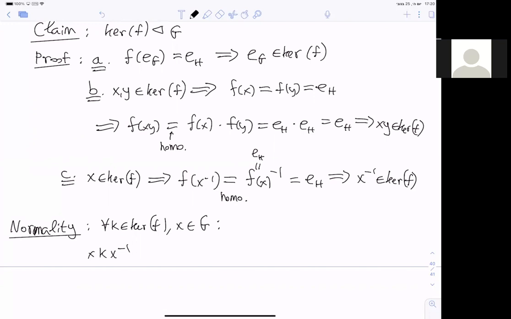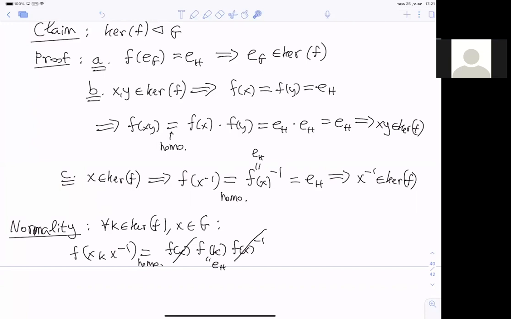But of course it's true, because f of all this, since it is a homomorphism, is equal to f(x) f(k) f(x) inverse. But f(k) is e, because k belongs to the kernel. And these are reduced.